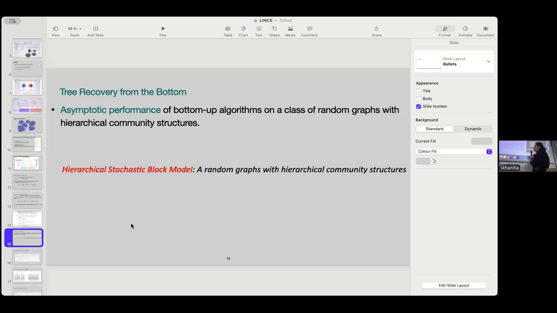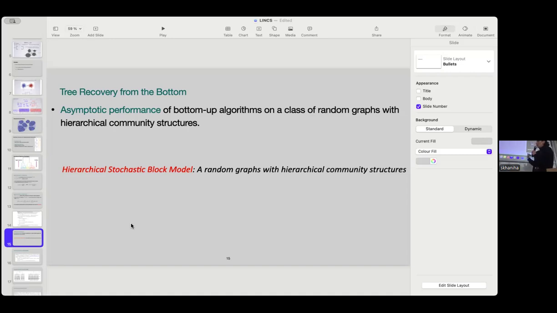Okay, now we have the clustering algorithm. Like in the previous cases, we wanted to understand how this algorithm works, and in which cases, if we have hidden communities in our data, we can recover them.